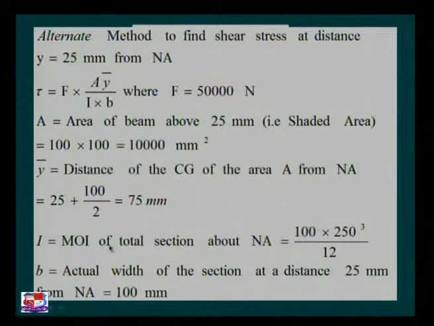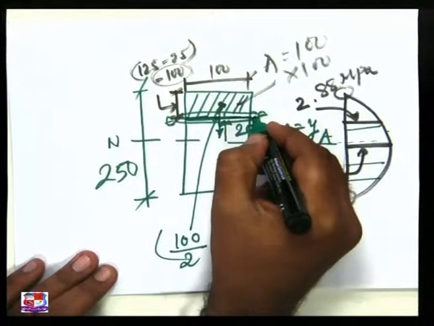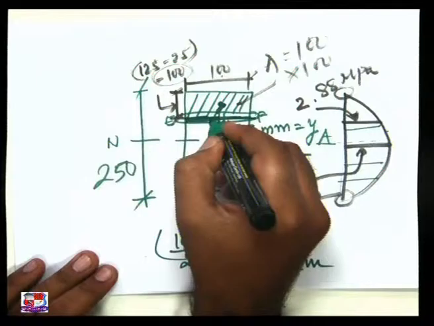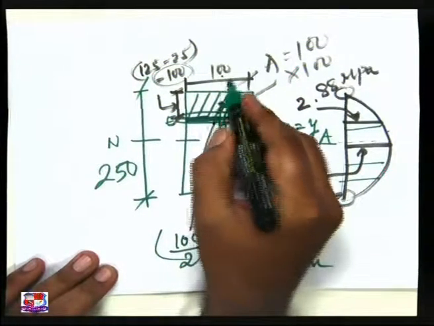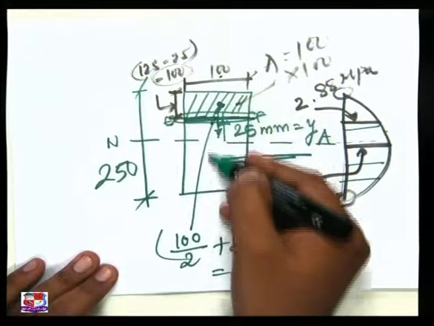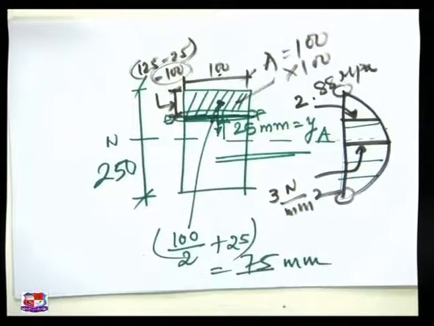I is the moment of inertia of the total section about neutral axis, that is 1 by 12 BD cube, 100 into 250 cube, while B is the actual width of the section at a distance 25 mm from the neutral axis. B is the actual width at the level EF. At this level, it is nothing but 100. B is 100 because it is a rectangular section, so this 100 remains constant throughout the depth.